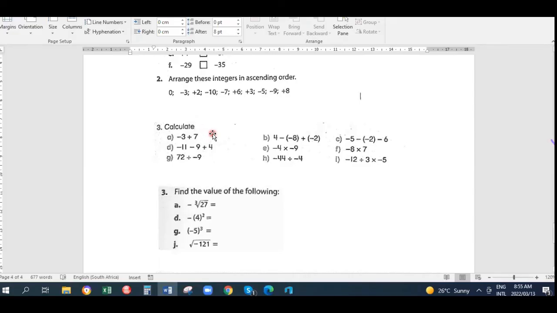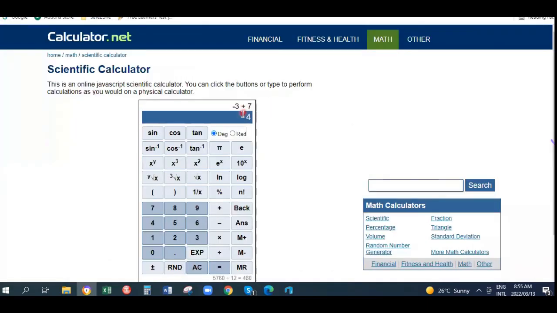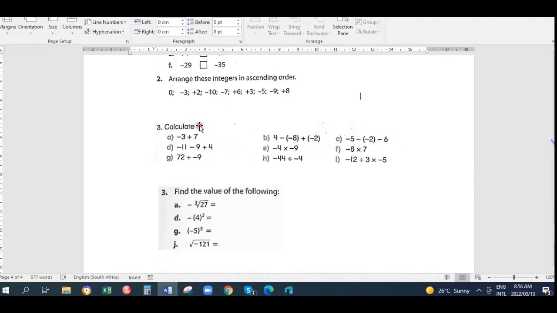And how many more positive? 7 minus 3 is 4. There are 4 more positive. So the answer is a positive 4. If you look at your answer, the answer was a positive 4 because there are more positive numbers. And if you remember in class, I spoke to you about a bag of negatives and a bag of positives. In the bag of positives, there are more positives, and there are 4 more positives.